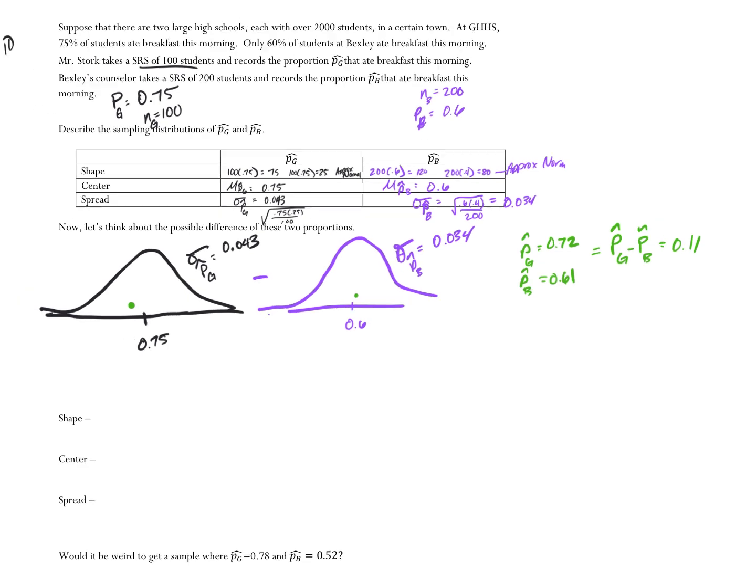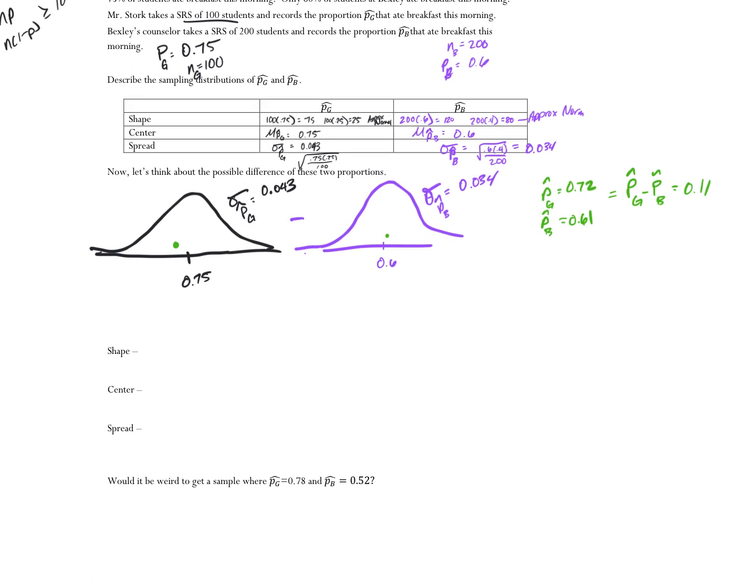But then, wait, why do we put Grandview first? Do we always just put the bigger first? It actually doesn't matter. That's a great question. I'll draw it both ways at the very end, so that you can see that what happens doesn't actually make a difference, as long as whoever's grading your stuff is smart enough to know the difference.